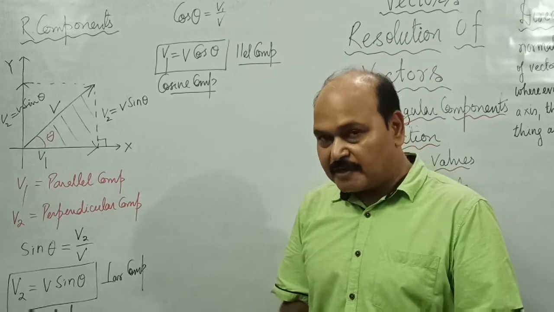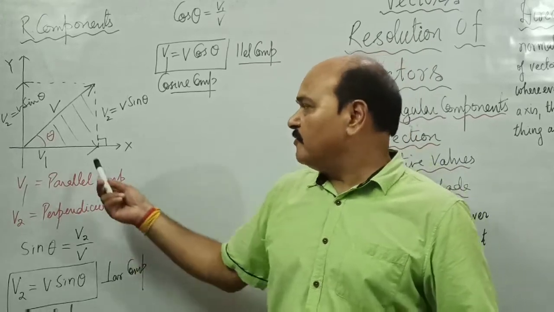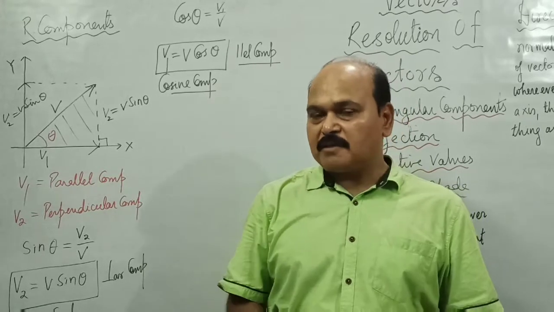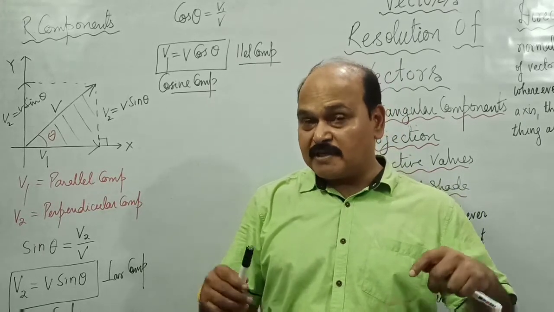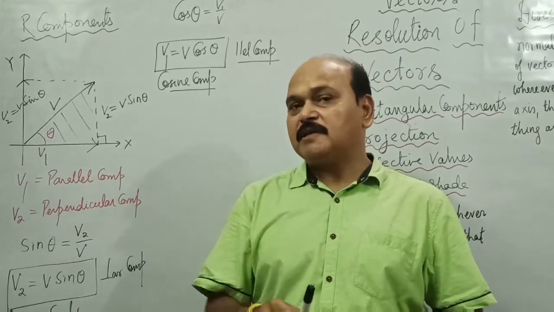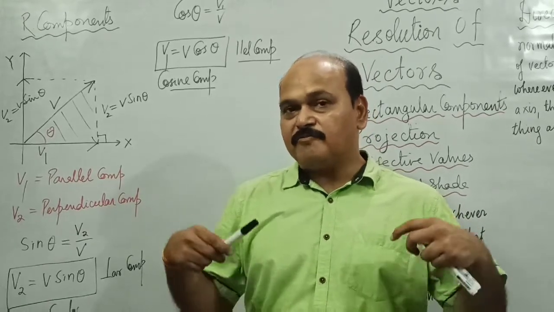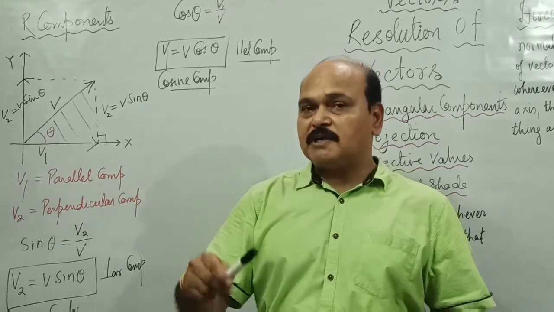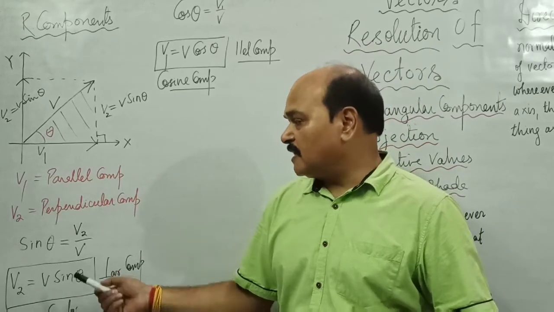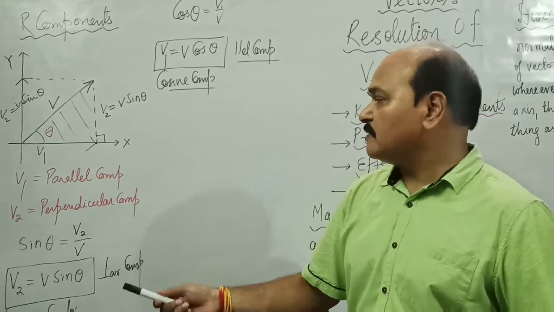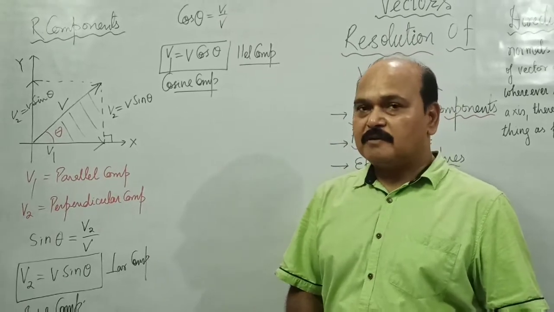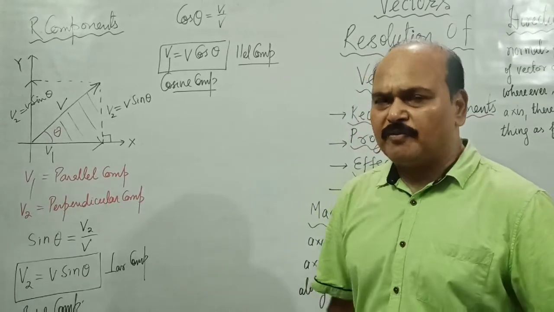So if a vector makes an angle theta with say x-axis, it can be broken down into two components: one is V cos theta, other is V sin theta. This sine component is perpendicular and cosine component is parallel component.